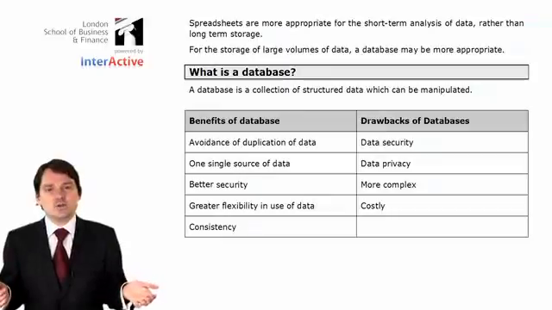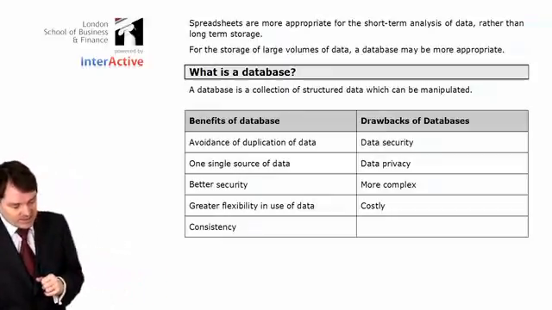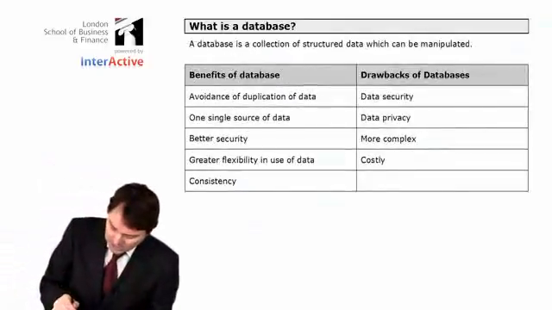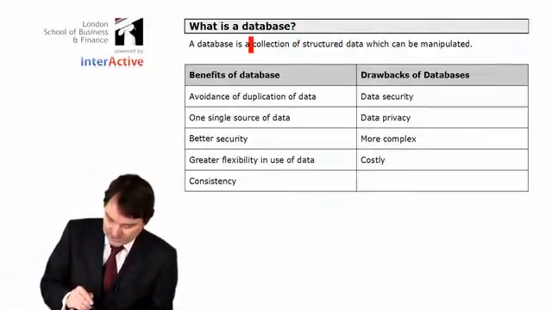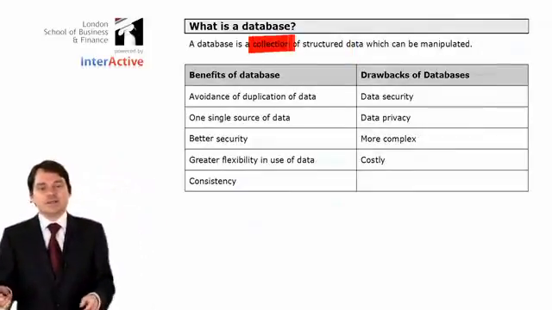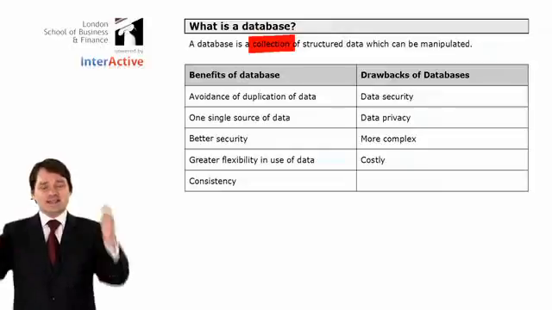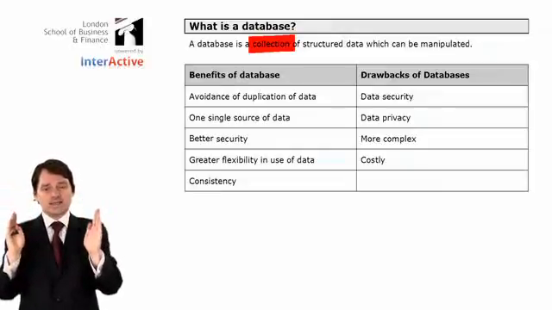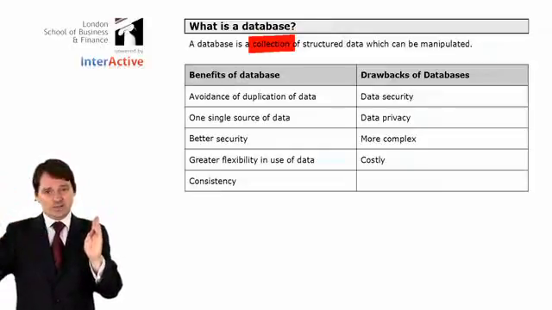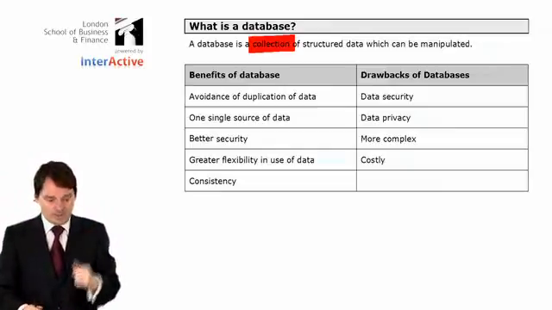Spreadsheets just can't cope with that, it's too much. So databases are, it says, a collection of data which can then be manipulated. All that means is the data is all stored in one place and I can analyse it in different ways, so I can get bits of information from it.